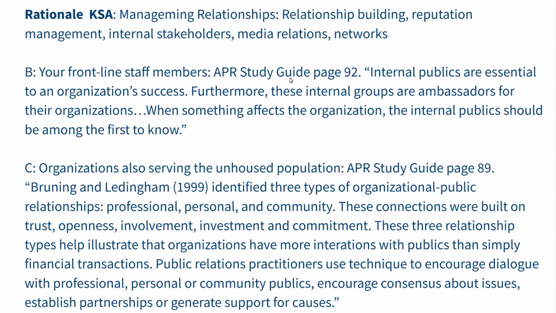These three relationship types help illustrate that organizations have more interactions with publics than simply financial transactions. Public relations practitioners use technique to encourage dialogue with professional, personal, or community publics, encourage consensus about issues, establish partnerships, or generate support for causes.